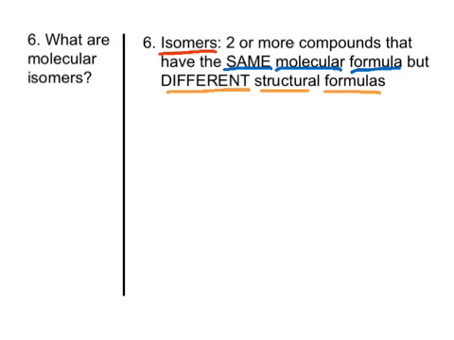So let me show you an example. We're going to take the example of the molecular formula C4H8O2. Now, when we draw this out, first we're always going to start with our carbons because they're the most versatile.